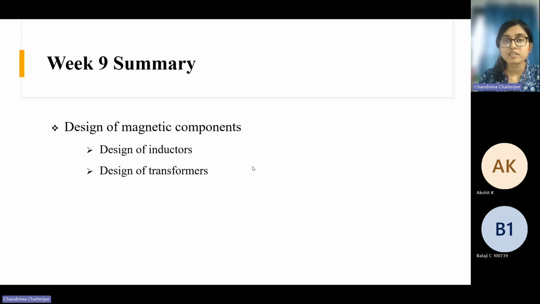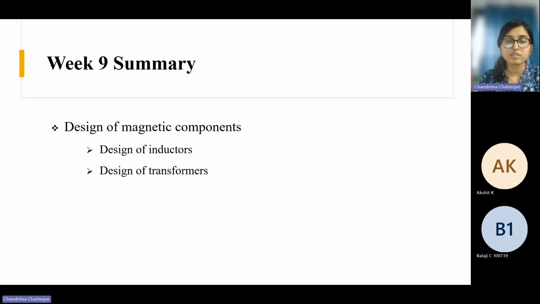Because when we were studying the DC-DC converters, the non-isolated as well as isolated DC-DC converters, we saw that there were some magnetic components present in the circuit. For example, in buck converter, boost converter or buck-boost converter, there was one filter inductor, right? We calculated that inductor value via different numerical problems.